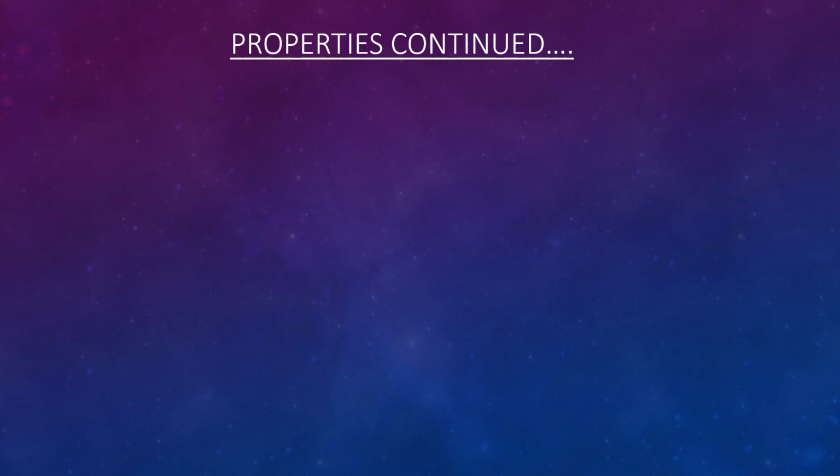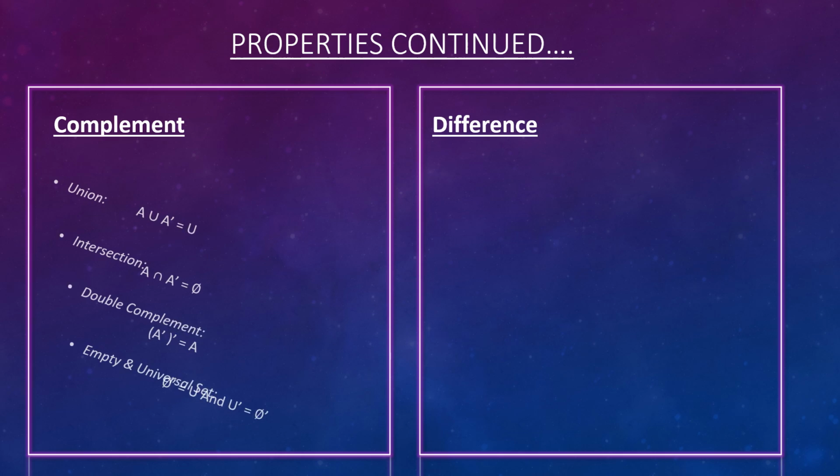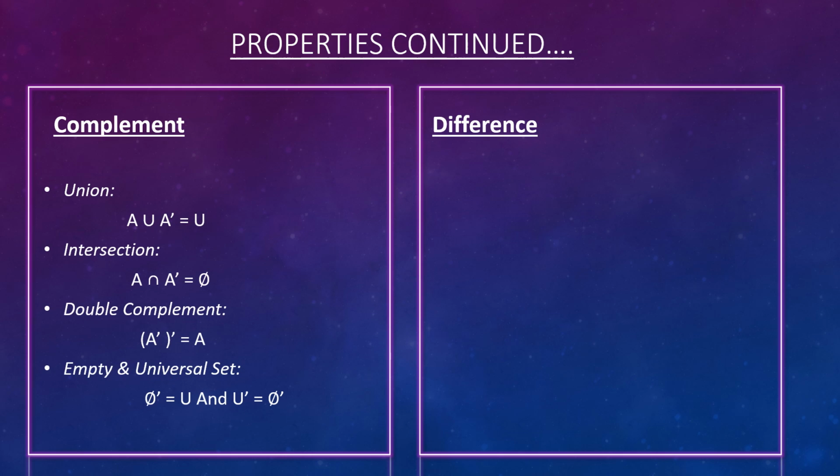Now let us look at the properties of complement and difference. In complement, we have four properties, namely union, intersection, double complement, and empty and universal set. The first property says that if A union A complement is done, we will get the full universal set back.